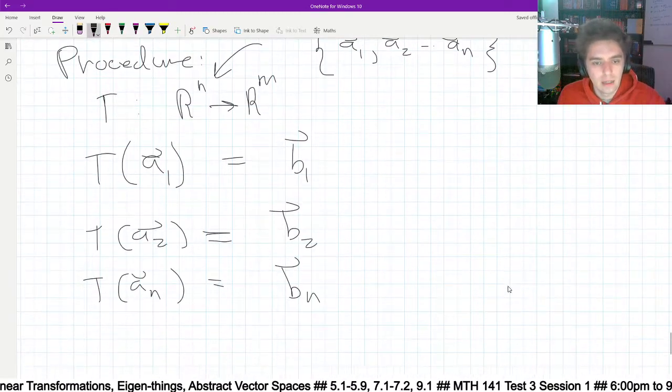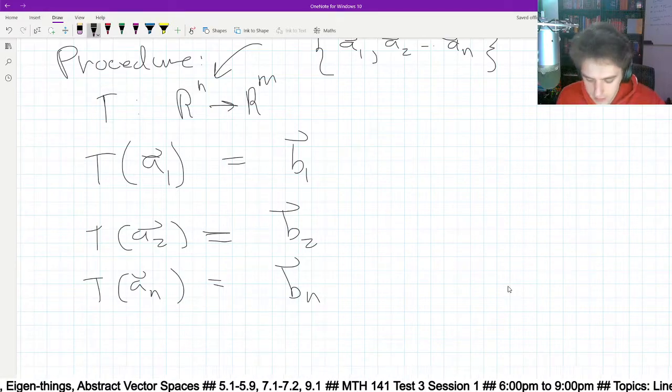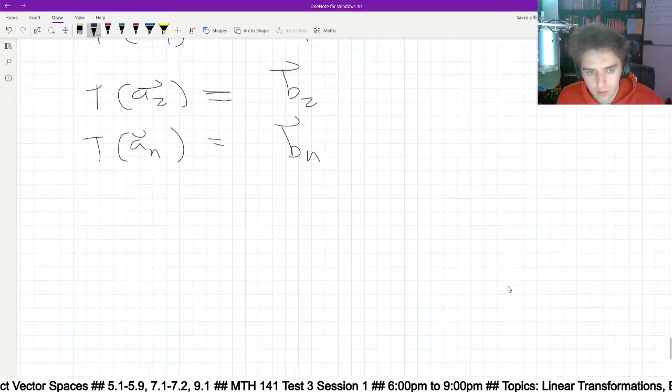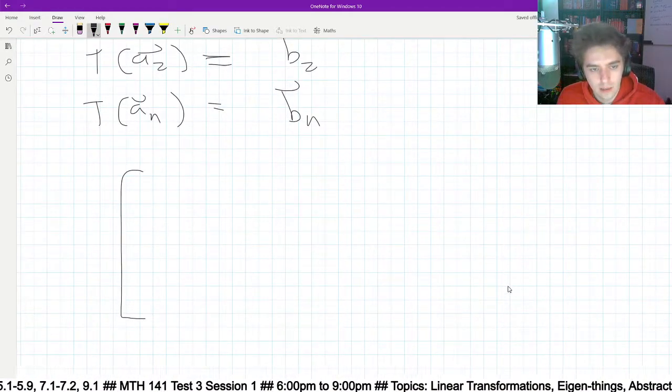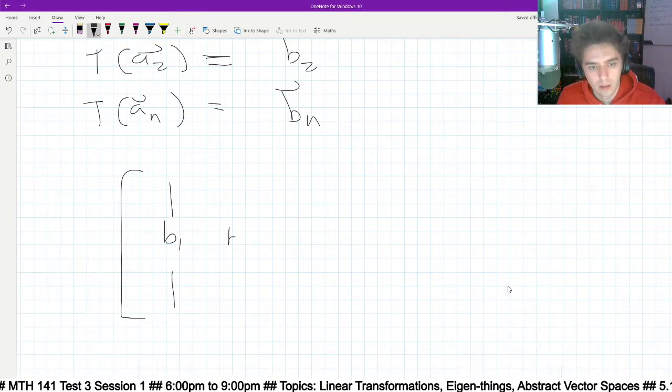Then we can calculate the matrix representation of T by doing this. We take the output vectors, all of them, and put them in order in a matrix: B1, B2, dot dot dot, Bn. Again, these lines just mean each vector fills the column.